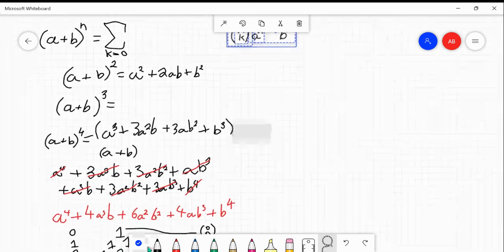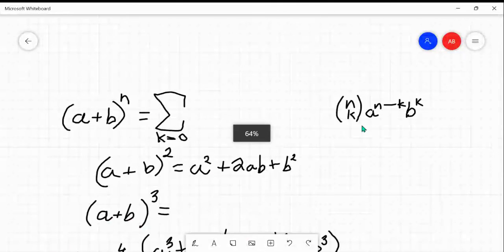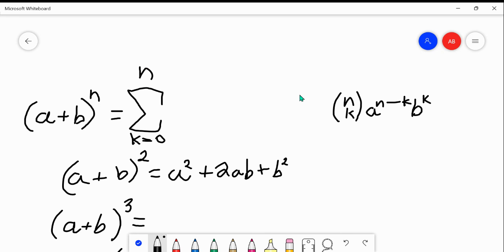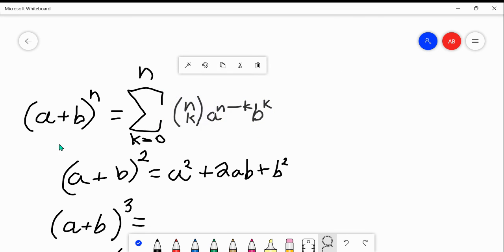I'm just going to zoom in. So this is the general term. And also, I forgot to write the upper limit of n here. And since this is the general term, k keeps increasing for that.